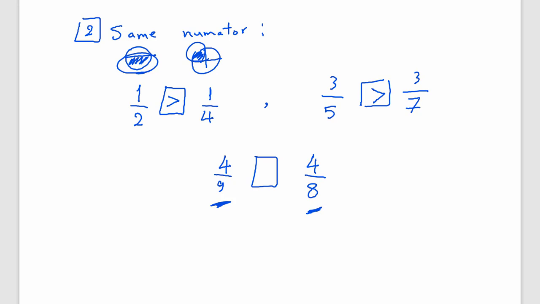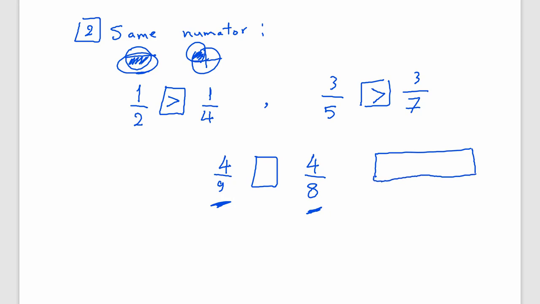Okay, think of something that you have and you break it into 9 parts. And the same thing if you divide it into 8 parts. Which one will have bigger parts, when you break it into 9 or into 8? The same thing, you have a bar of chocolate and you break it into 9 parts or 8 parts to get bigger.